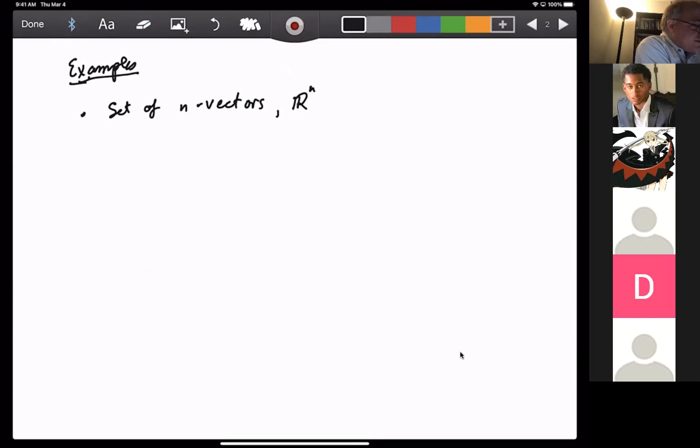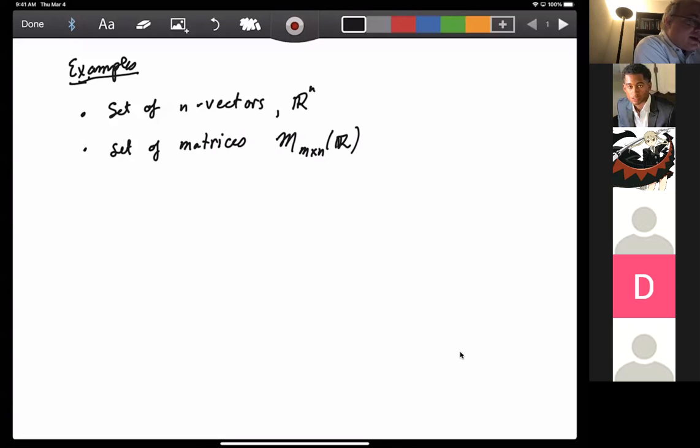But this also works for matrices. The set of matrices with m rows, n columns, and real entries is a vector space.